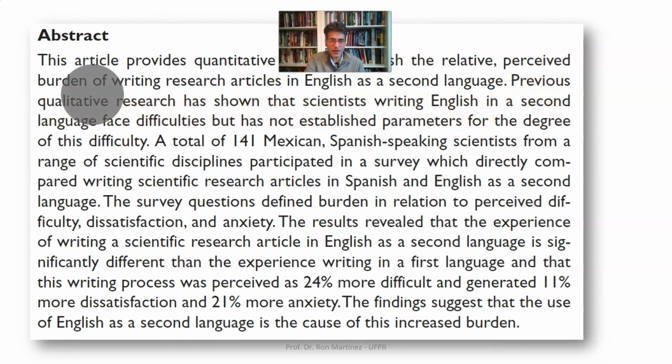But you also have, as you may have identified, a portion of this abstract which represents what could be called the introduction, because you have CARS: the territory and the niche.